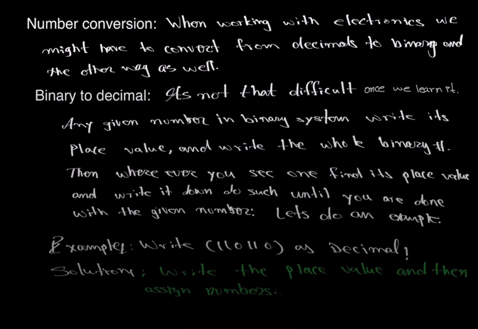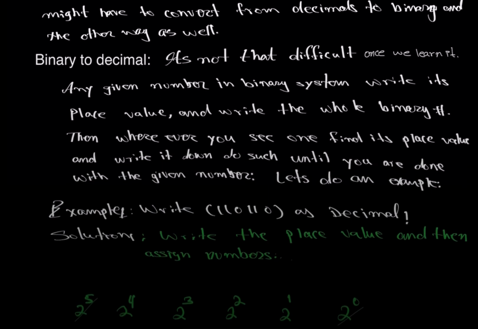For any given number in the binary system, write its place values and write the whole binary number below it. Then wherever you see 1, find its value and write it down. Do this until you are done with the given number. Let's do an example.